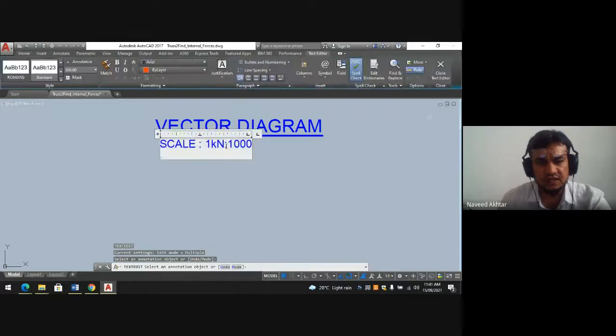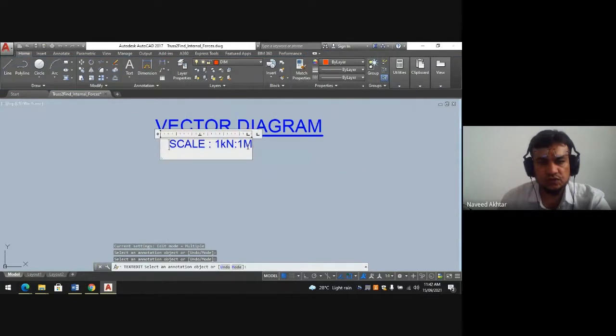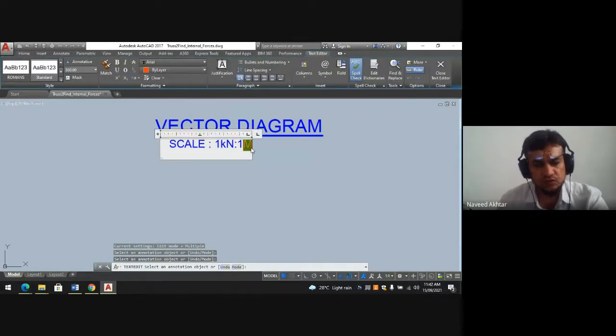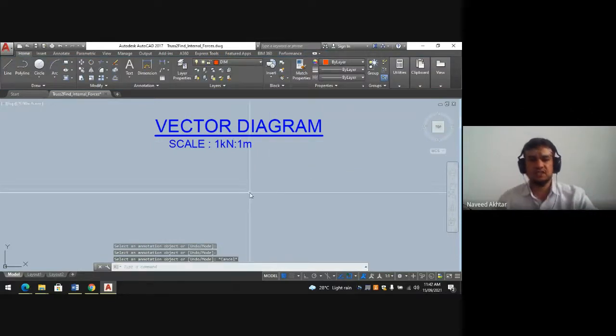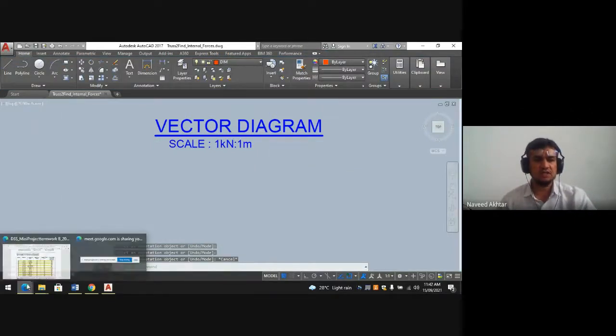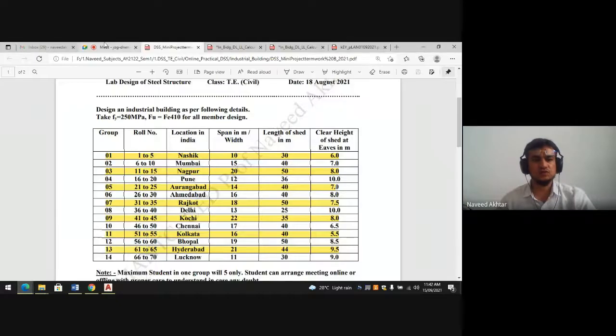So I will take 1 kilonewton is equal to 1 meter. K in kilo is always small.